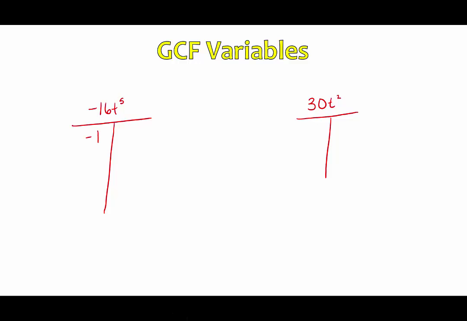Take out the negative one first. Now treat it like it's positive. So I have 1 and 16. 16 divided by 2 is 8. So 2 and 8. 3 does not divide into 16 evenly, but 4 does. 4 and 4. Now we'll go look at 30.